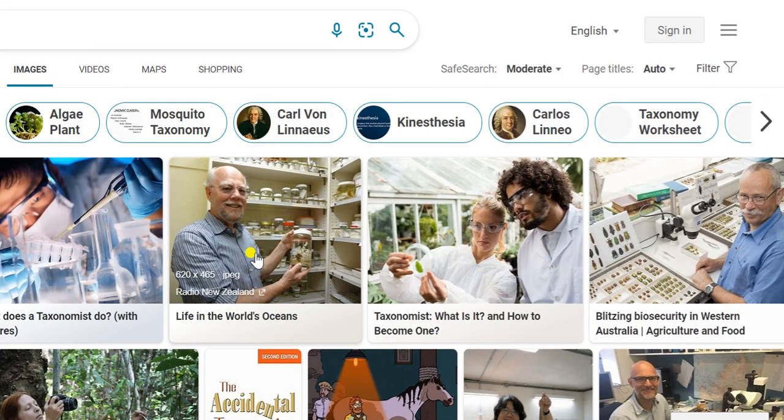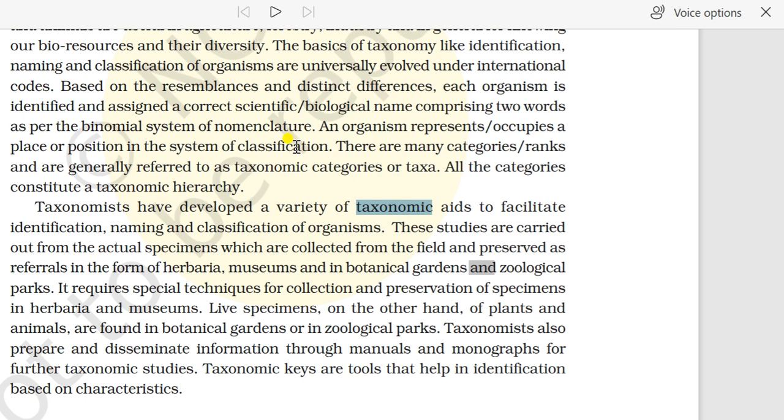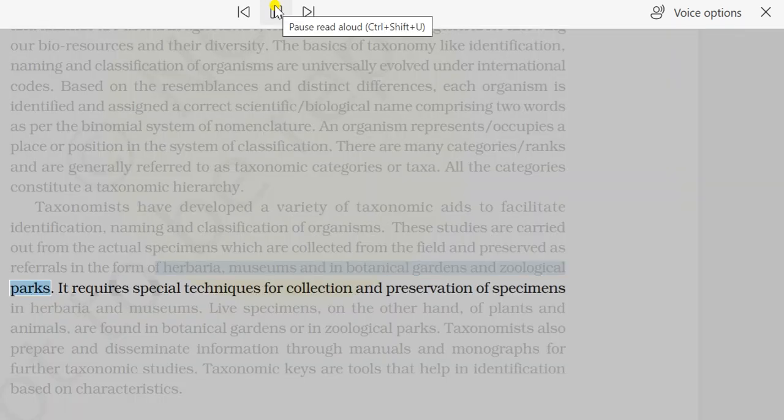They are studying animals, plants, all living organisms, and then they are giving names. How do they study? They preserve all of these dead and alive organisms in herbaria, in museums, in botanical gardens, in zoological parks, everywhere.